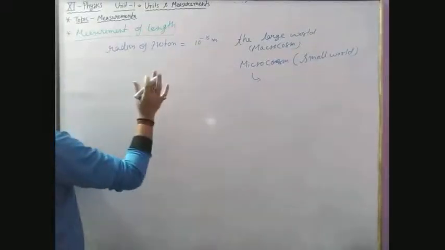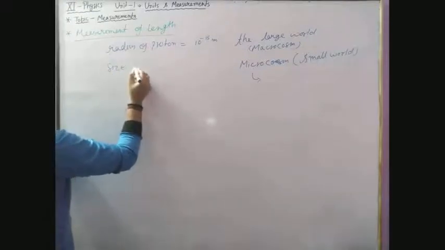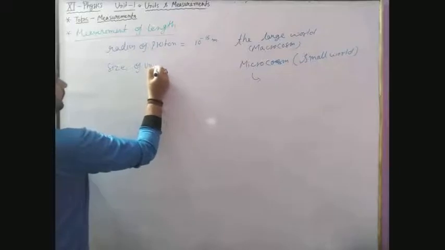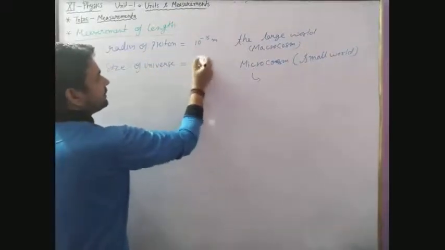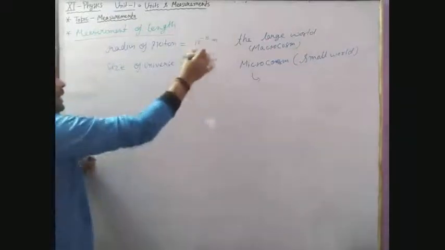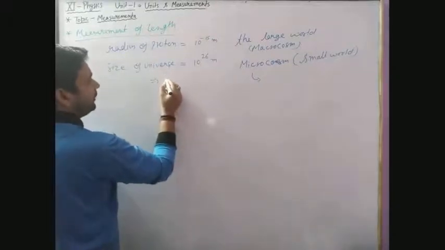And the largest thing which we measured is the size of universe. Okay, size of universe, which is in the order of 10 to the power 26 meter. So when we add these two, we get the range of measurement of length.